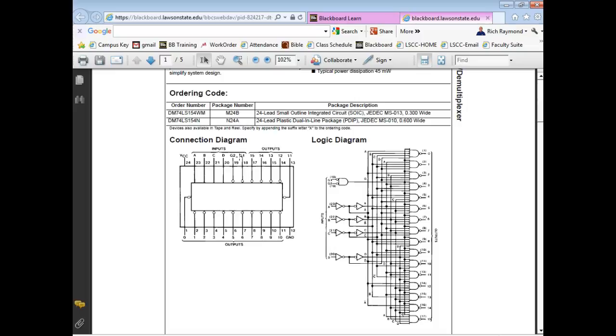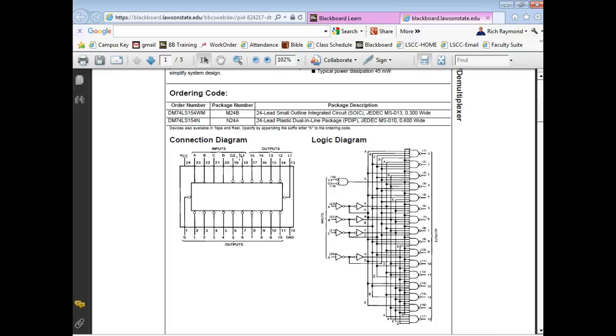Now what are we going to do? Well, we're going to take some wire and hook them up to our LEDs. We need to bring the select inputs over.